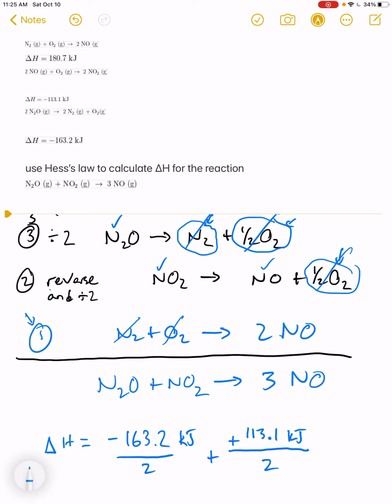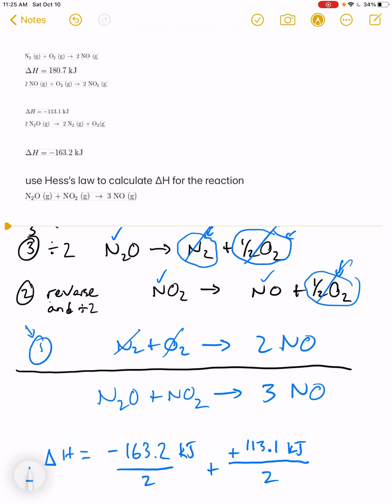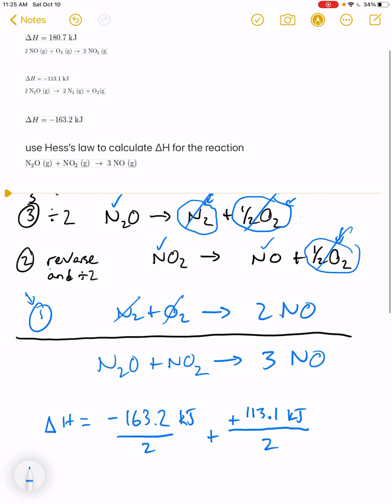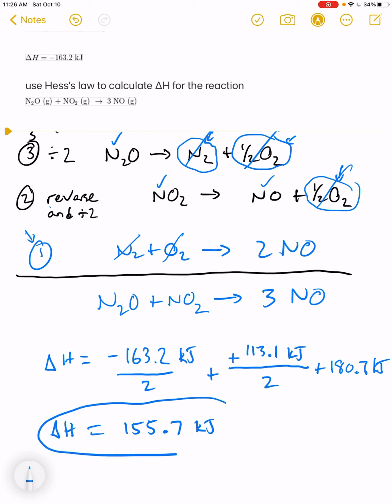Finally, the last reaction, my reaction number 1, has a delta H of 180.7. And so I can leave that one as is, the 180.7. Adding all three of these together, I get 155.7 kilojoules, which will be my delta H for my overall reaction.